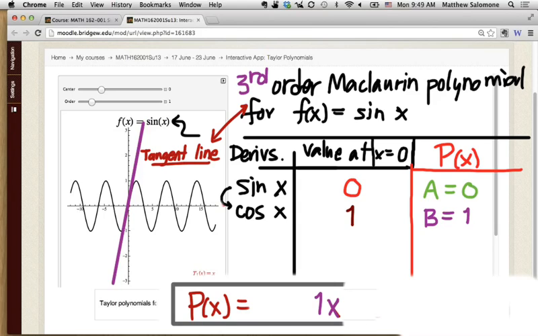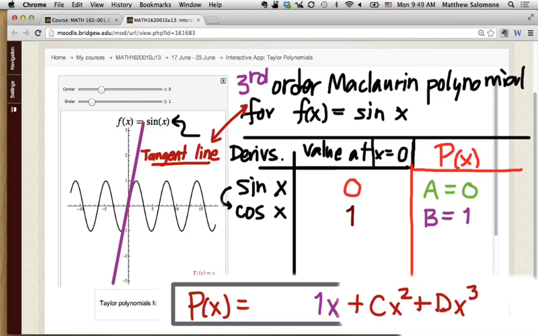We're going to have to go back to our unknown polynomial down here and figure out what c and d were, because those were things that we didn't yet know. So c times x squared plus d times x cubed. Let's figure out what c and d should be in order to get a third order Maclaurin polynomial, in other words, a cubic function that matches f of x equals sine x as closely as possible near the point x equals 0.